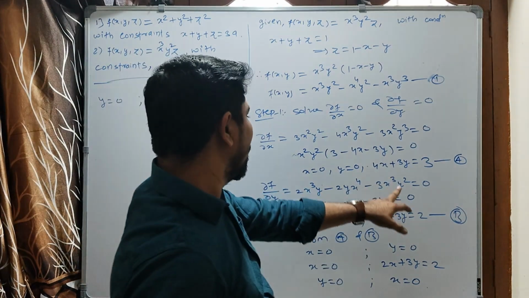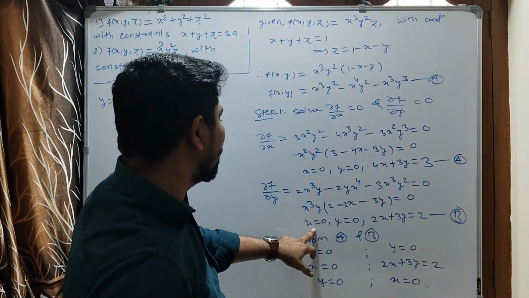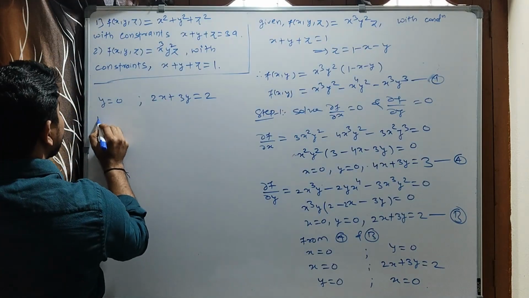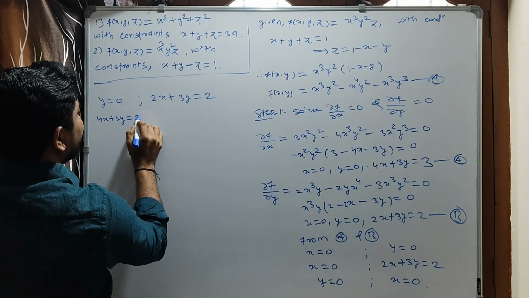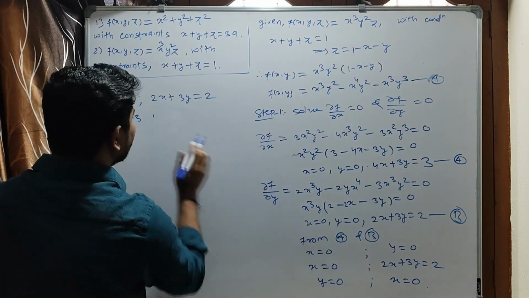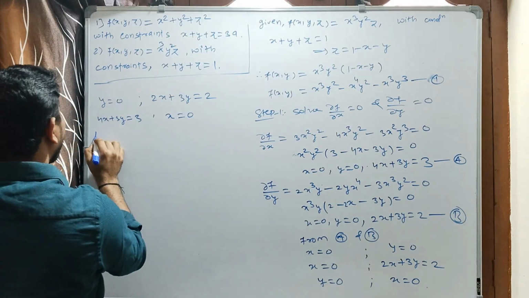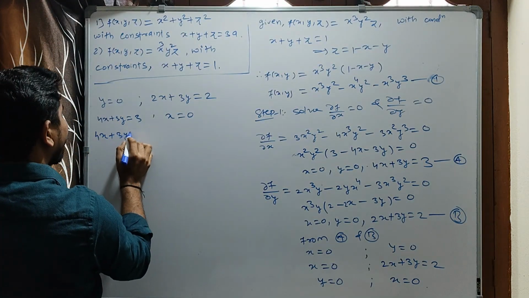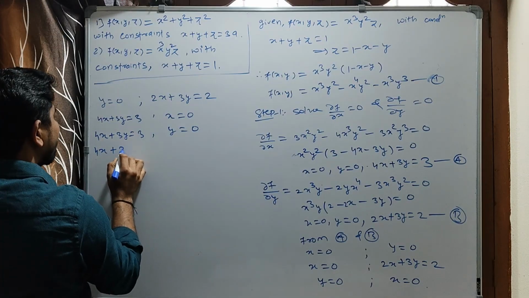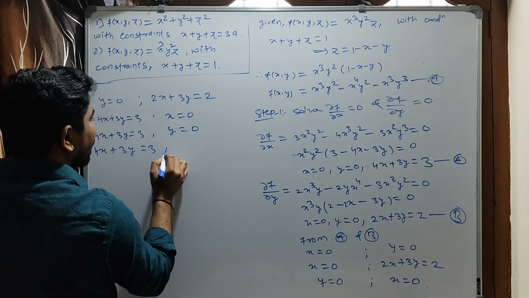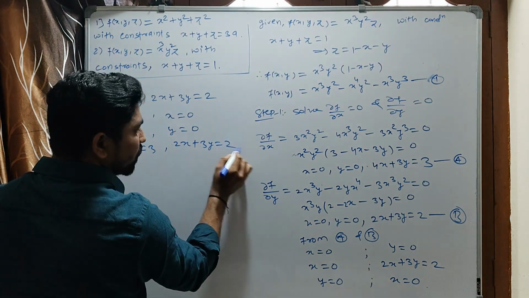Now with respect to this, 4x plus 3y equal to 3 with x equal to 0, and 4x plus 3y equal to 3 with y equal to 0, and this is 2x plus 3y equal to 2.